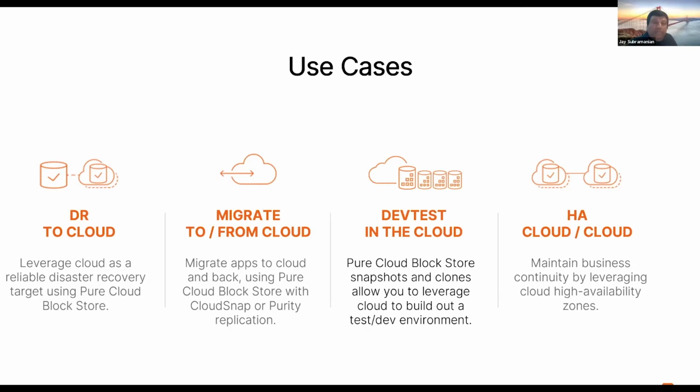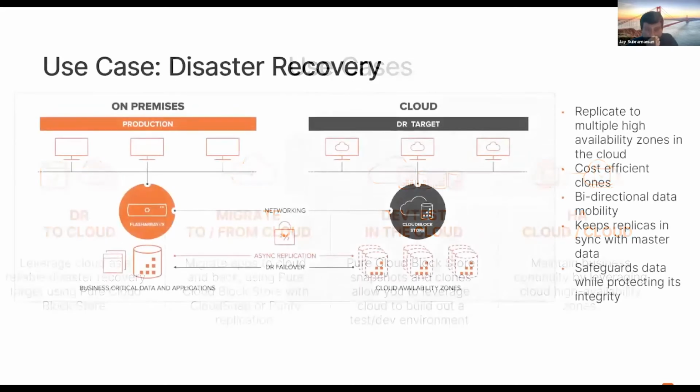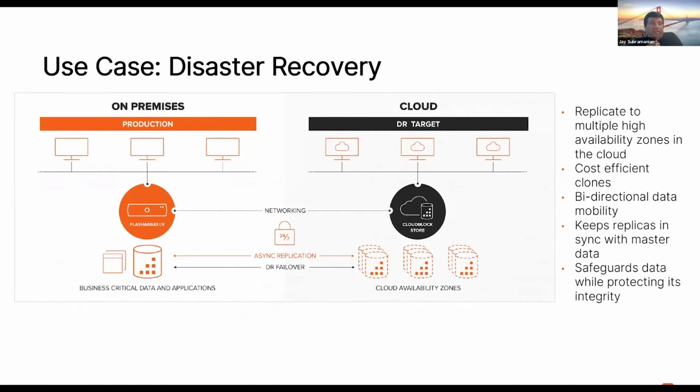Let me dive in a little bit more. So here's a DR capability where you have a production application running on-prem, and the cloud copy is a DR target, where you have two or three different ways of doing this.